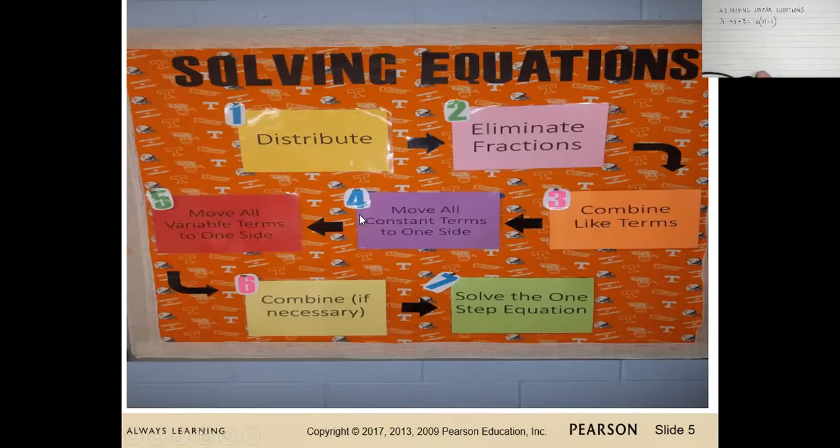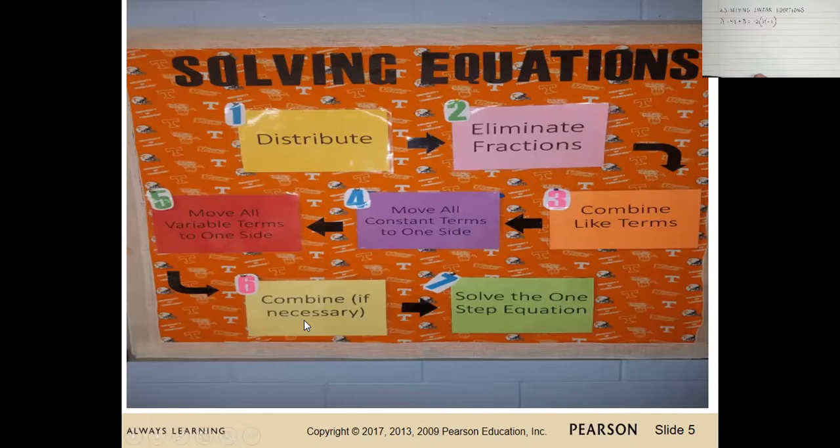Now, the only thing I do a little bit different is you normally see me deal with the variables first. So usually I would switch these two because I'm going to move all the variables on one side and then I move all the constants. But it doesn't matter really what you do. If you want to move your constants first, then move your variables. But once you do that, you're going to combine. You probably won't have to do that, but you're really just simplifying.